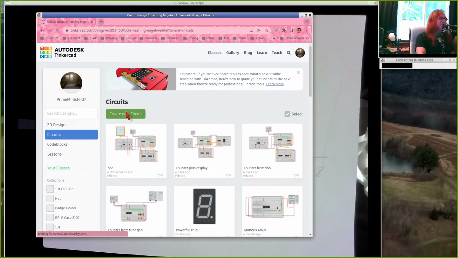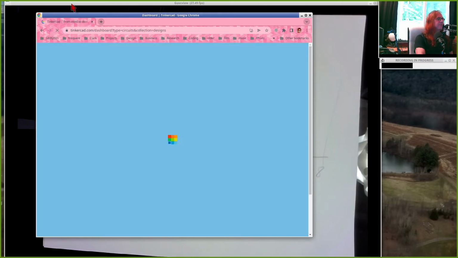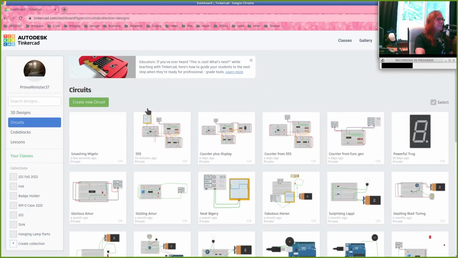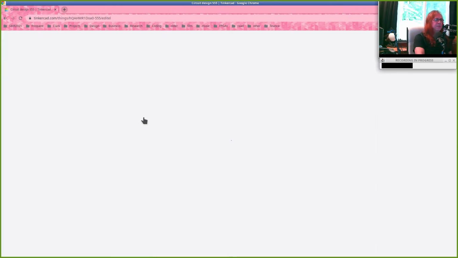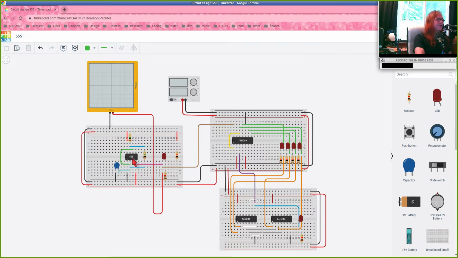All right, and then on the observations, I didn't want to create a new circuit. So here's just the 555 portion, right? So I've got my 555 capacitor, and so on and so forth.